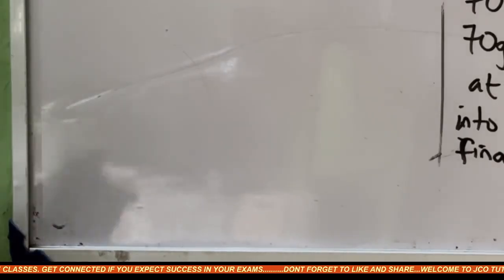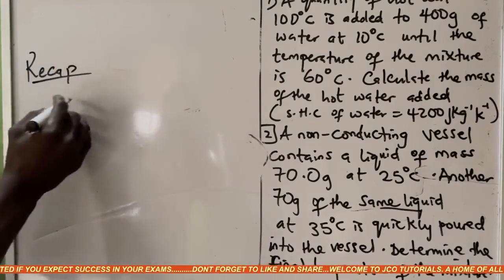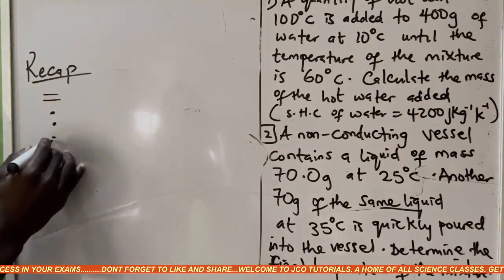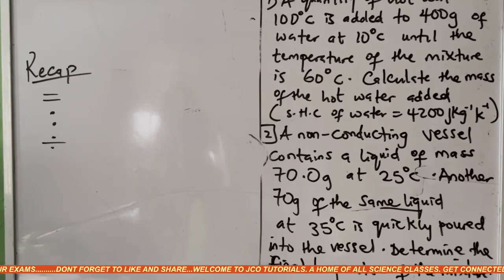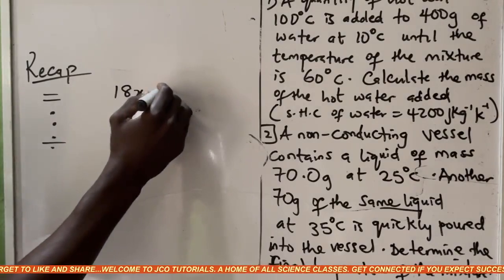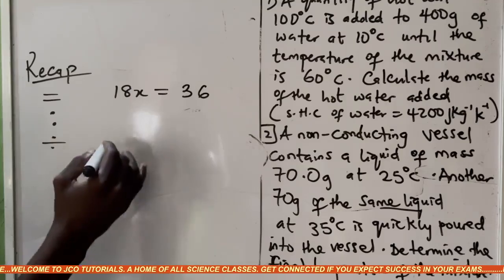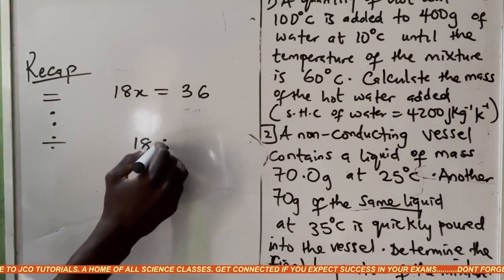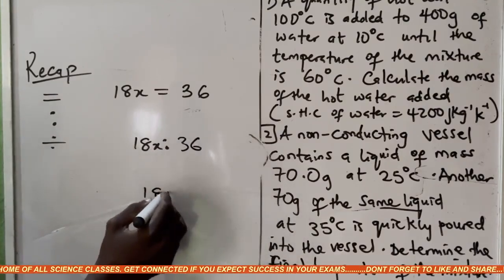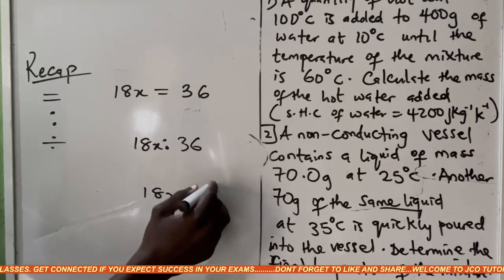Now, in mathematics, a recap is that if we are dealing with an equality sign or ratio or division, right? So if I have 18x equal to 36, or I have 18x ratio 36, or I have 18x divided by 36.